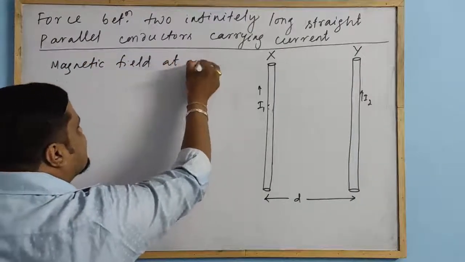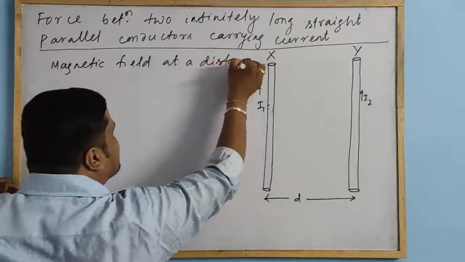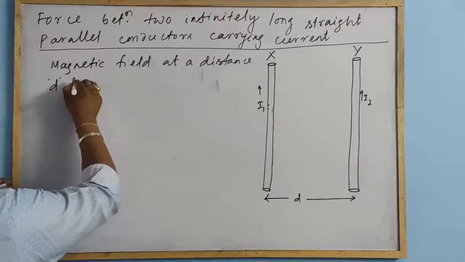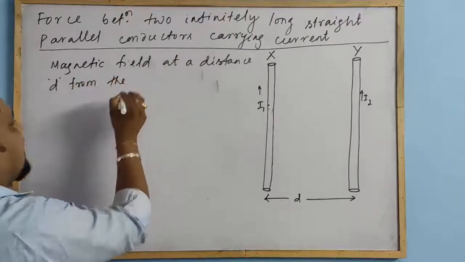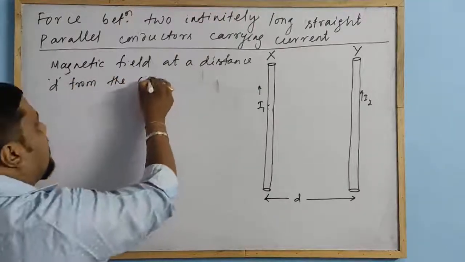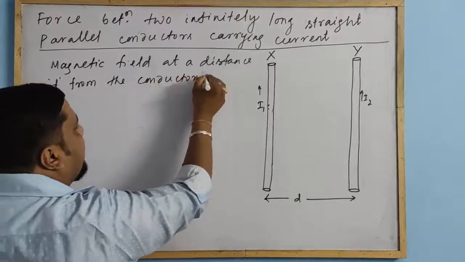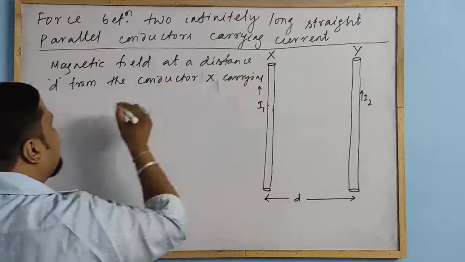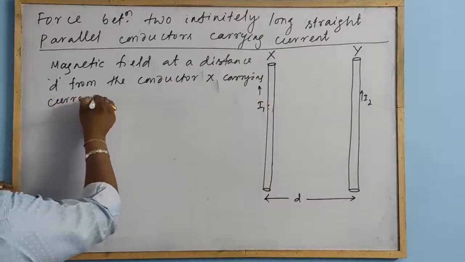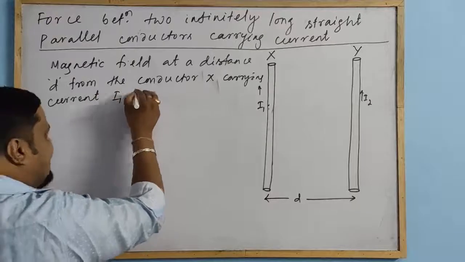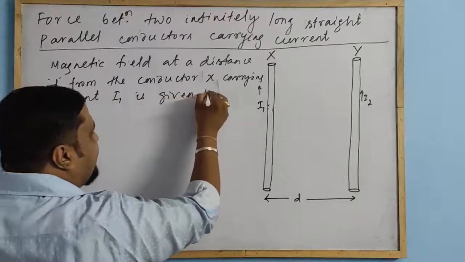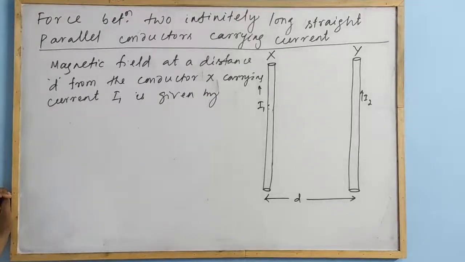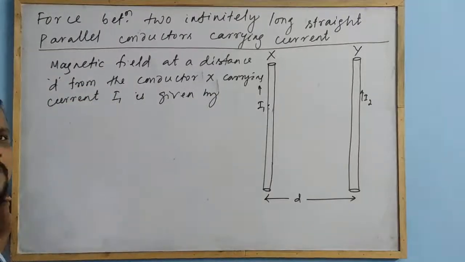at a distance D from the conductor X carrying current I1 is given by Biot-Savart's law, the magnetic field at a distance R from an infinite conductor.